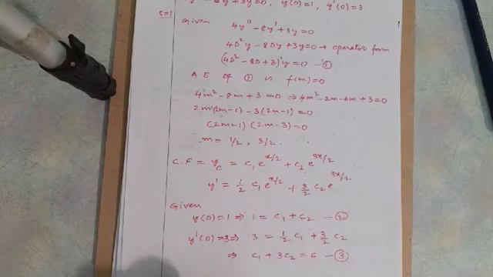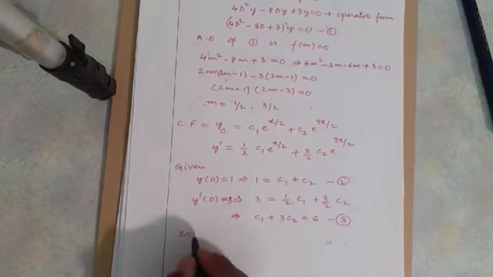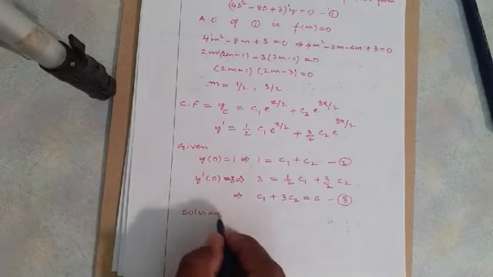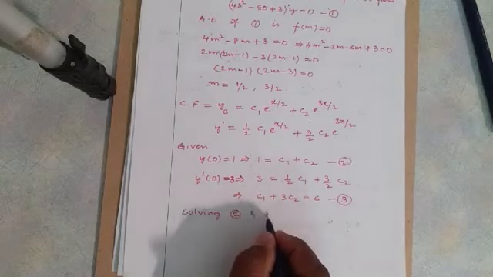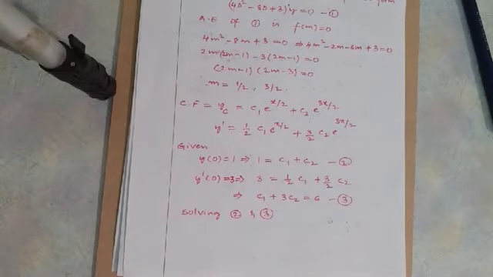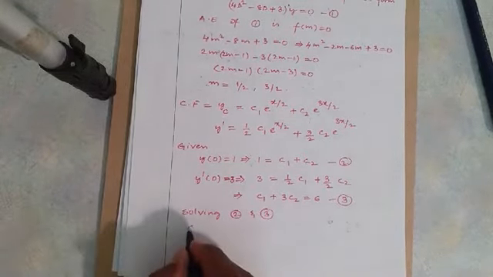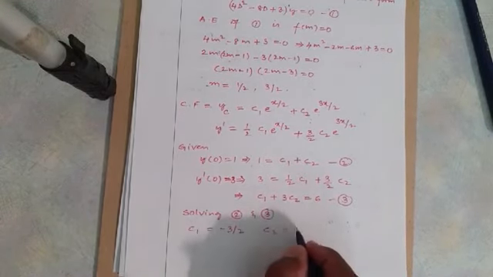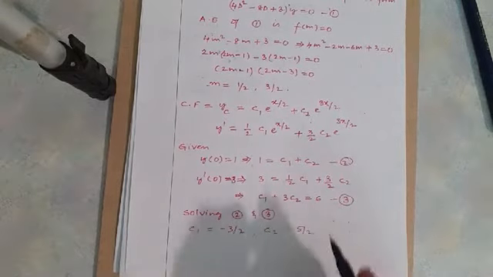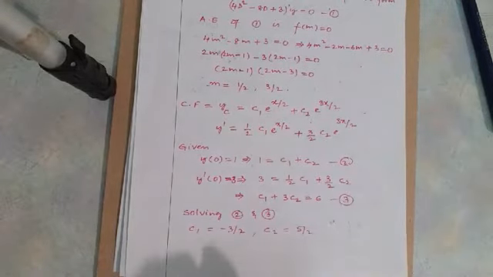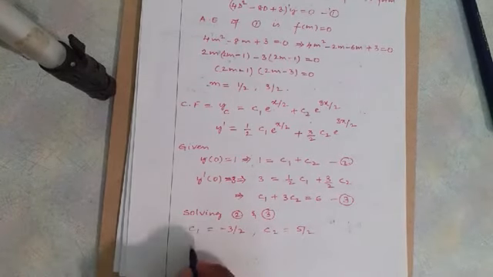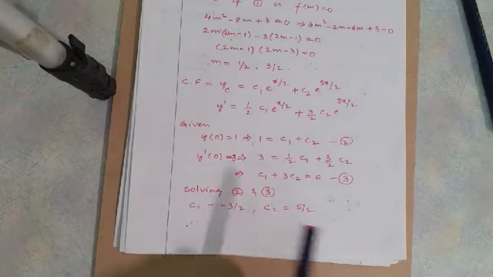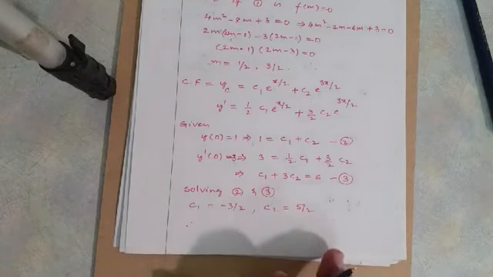Now solving 2 and 3. When you solve 2 and 3, then you get c1 = −3/2, c2 = 5/2. When you solve both the equations, you will get the c1 and c2 values. So therefore we write this c1 and c2 in the complementary function.